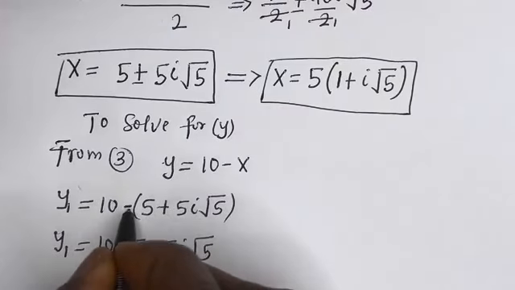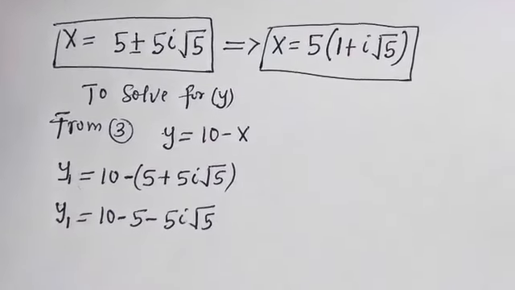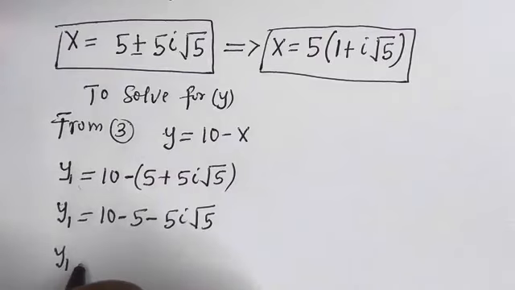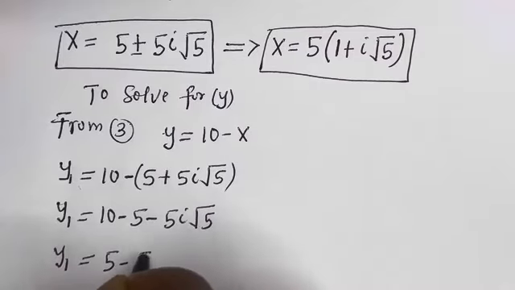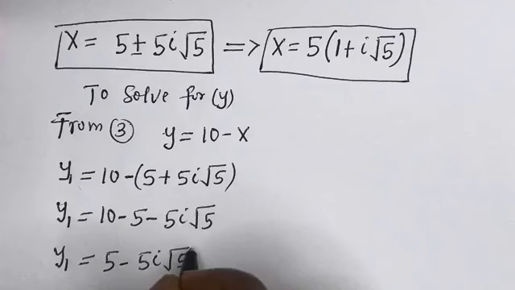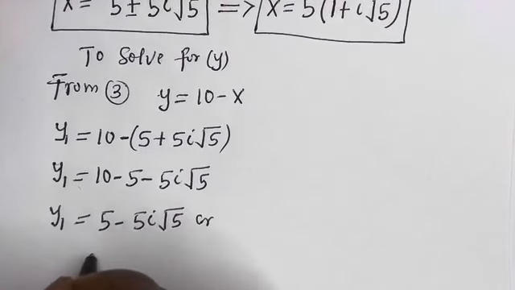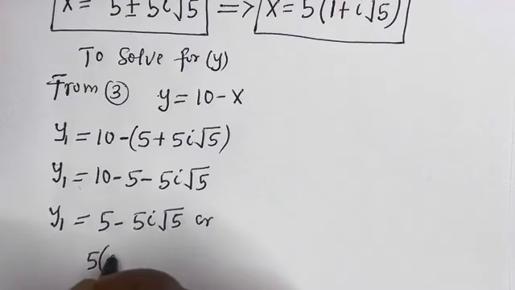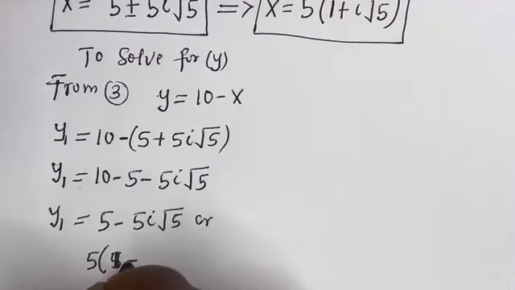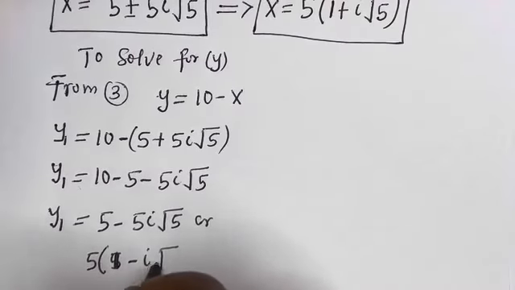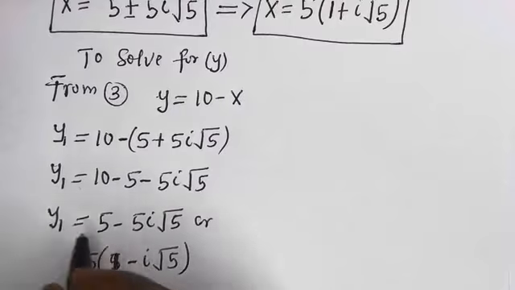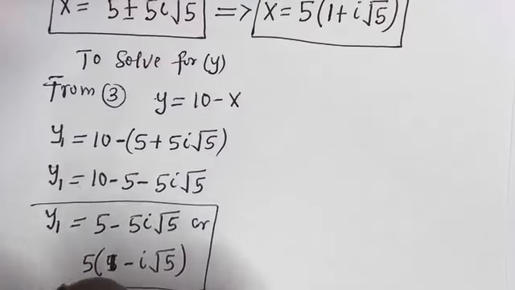If you open the bracket with this negative 1, then y1 is equal to 10 minus 5, this is 5, minus 5i square root of 5, or 5(1 minus i square root of 5). These are the values of y1.